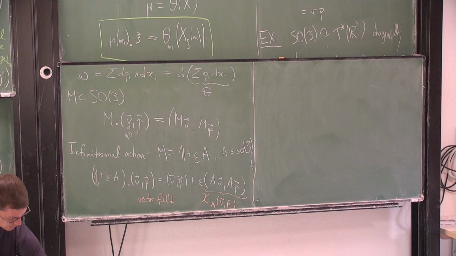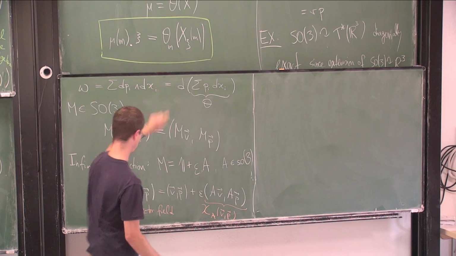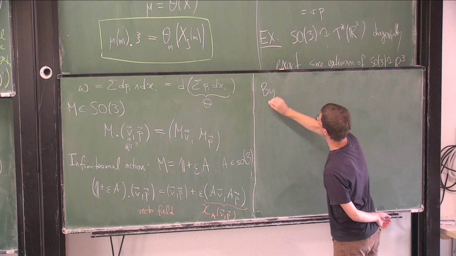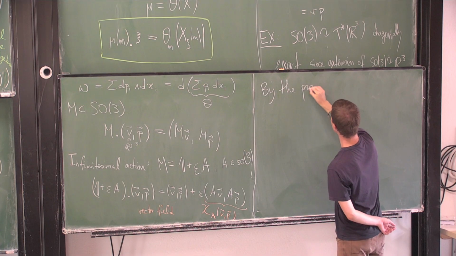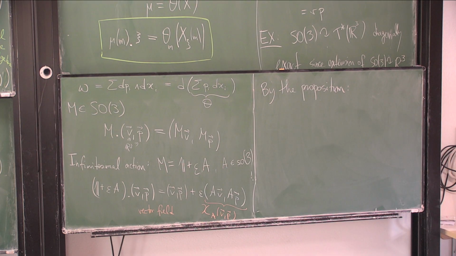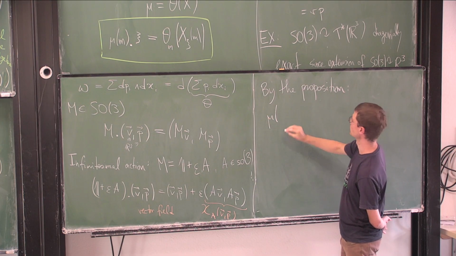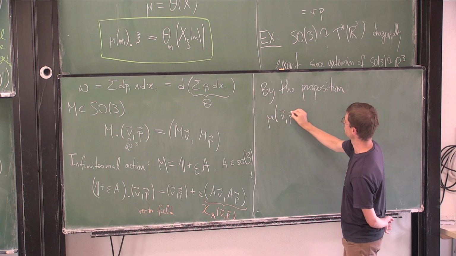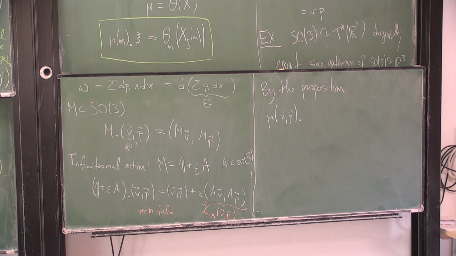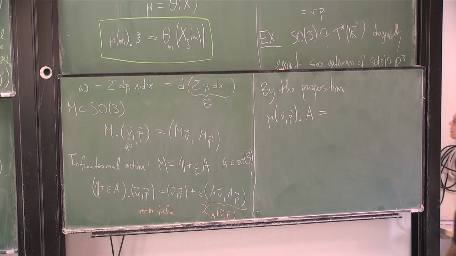So now we have the two ingredients we need for this formula, right? We need theta and we need the vector field. So, by the proposition, what do we get? Mu maps a point, and then it takes an element of the Lie algebra, here I call it A. What should it do?